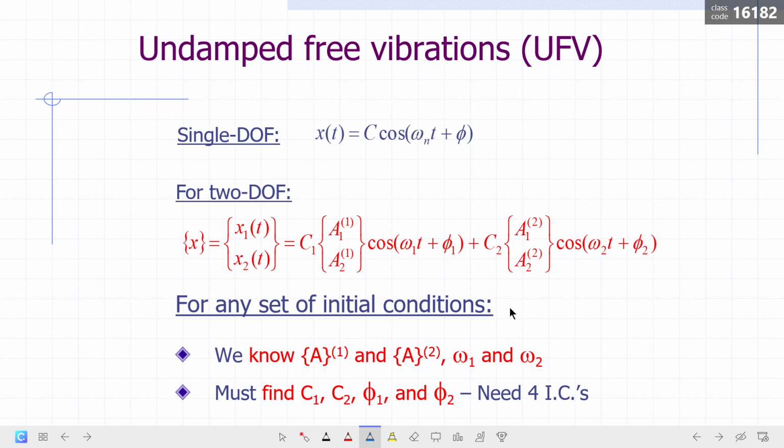Okay, for the next part, undamped free vibration. Again, undamped means we do not have the matrix C from the damper, and so the equations still look the same form. This one is for the homogeneous solution. Omega n refers to natural frequency.